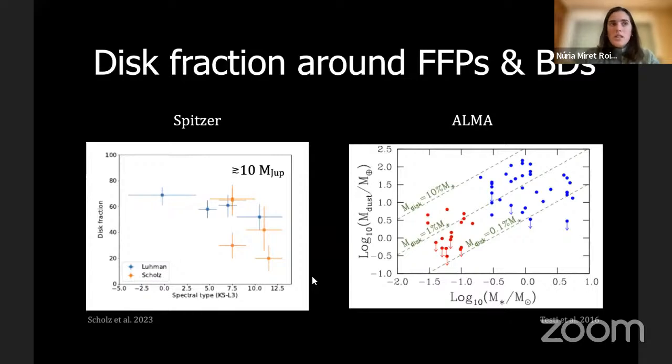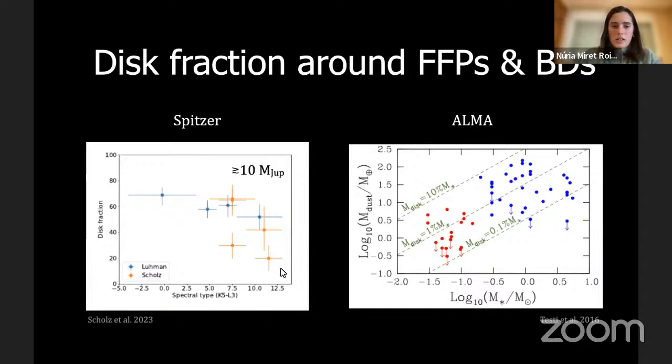If we see disks similar to what we see for stars, this is going to tell us that probably they formed similar to stars, while if we see that brown dwarfs and free-floating planets have no disks, or the disks have very different properties, they are very small or they are truncated, maybe this is going to tell us that the formation mechanism was very different.